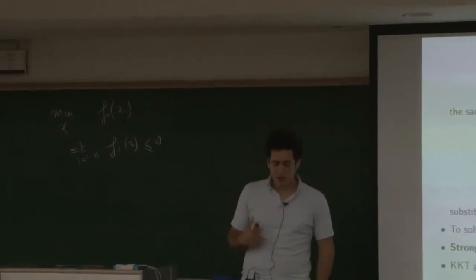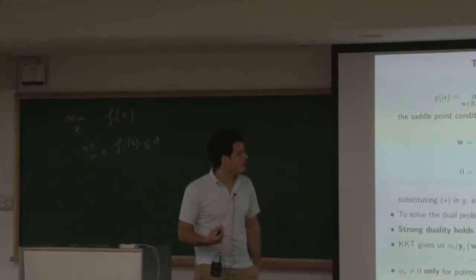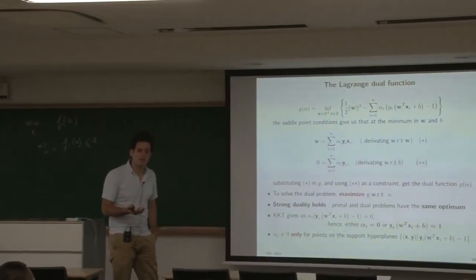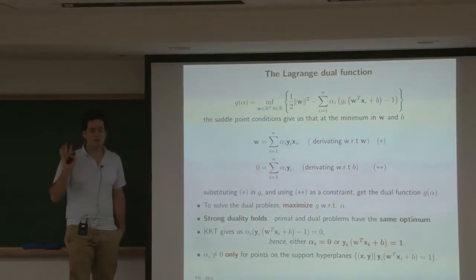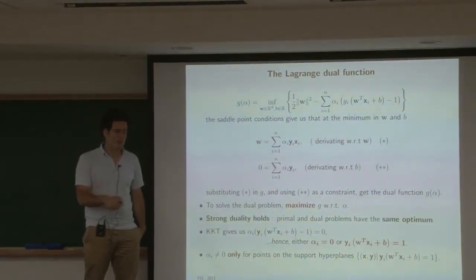So once we have defined such a Lagrangian function, what we consider is a Lagrange dual function. For a second, we're going to forget about W and b, and we're going to focus exclusively on alpha.